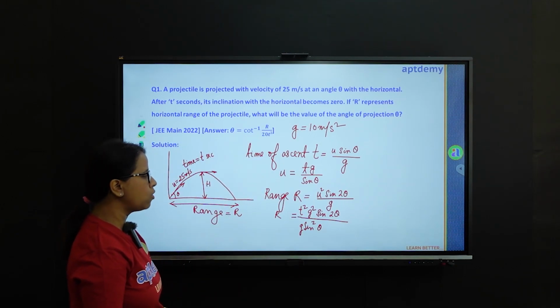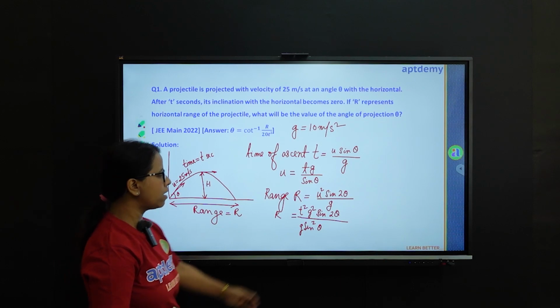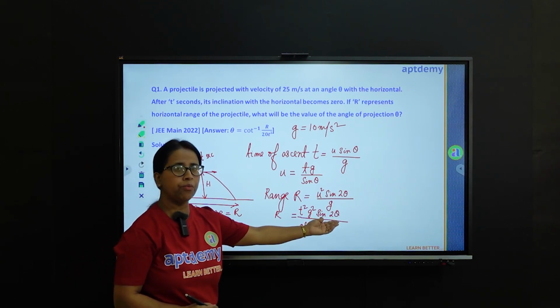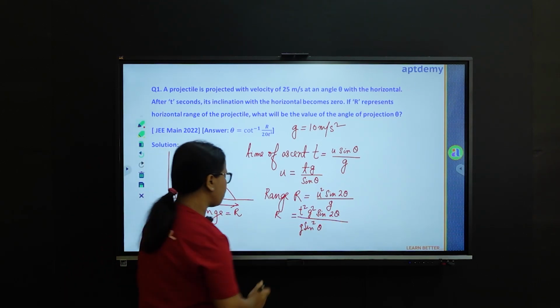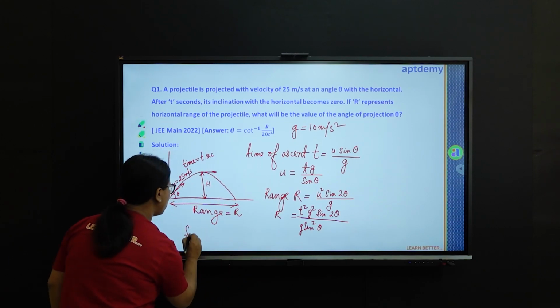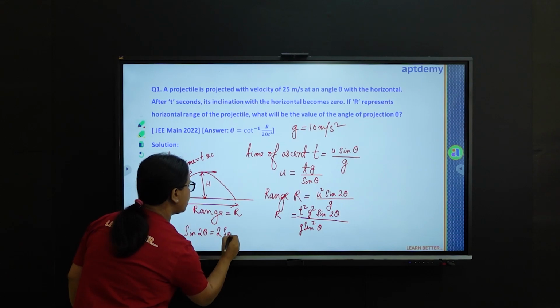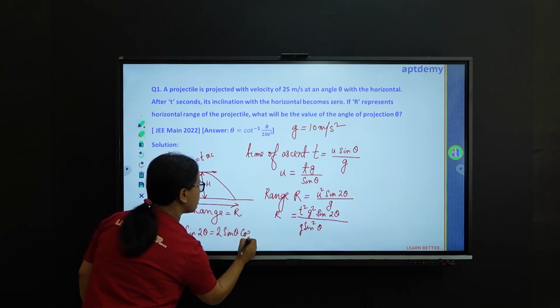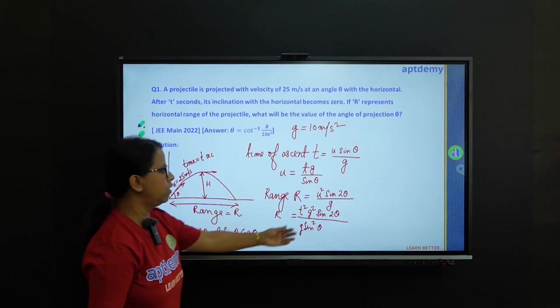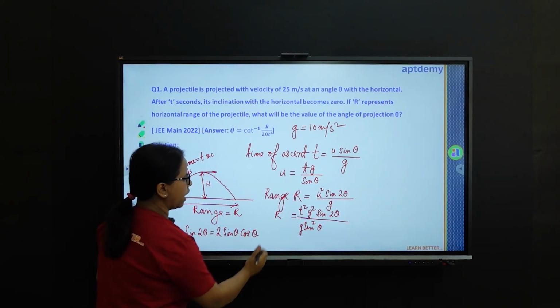Now try to cancel out the common terms, but before that let's think of how we can break up sine 2 theta. Now if you remember, sine 2 theta is nothing but 2 sine theta cos theta. So we'll substitute that here, and then one sine will get cancelled out.